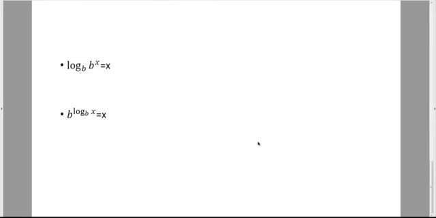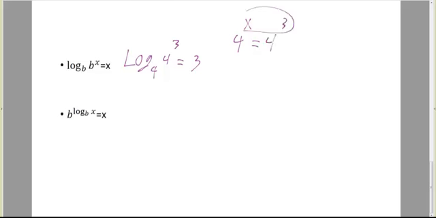The last bit we'll look at is log base b of b to the power of x equals x. So let's say we have log base 4 of 4 to the power of 3, and so this would equal 3. We're asking 4 to the what power, and I'll use x for that, equals 4 cubed, and of course this is 3.